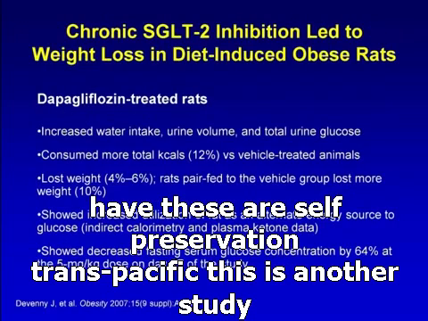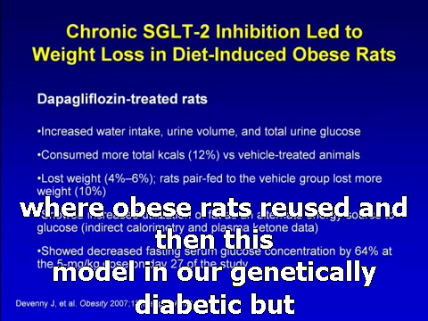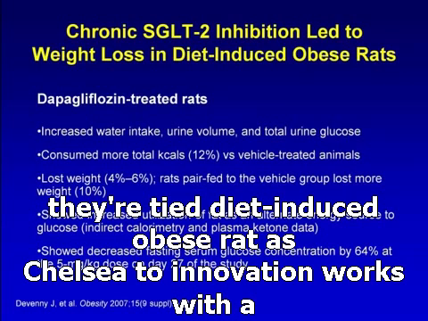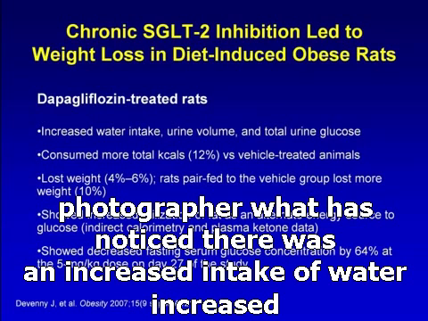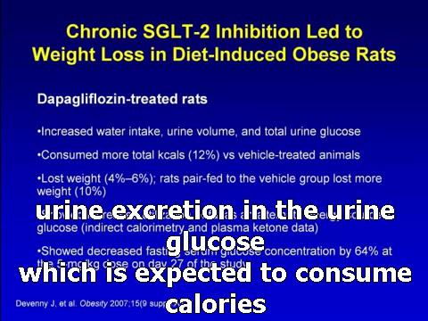This is another study where obese rats were used, and in this model they're not genetically diabetic, but they were diet-induced obese rats. SGLT2 inhibition was done with dapagliflozin. What was noticed was there was an increased intake of water, increased urine excretion, and total urine glucose, which is expected.